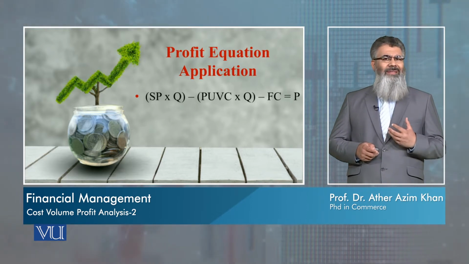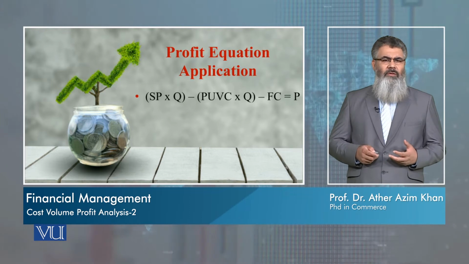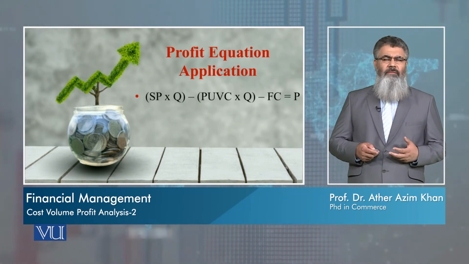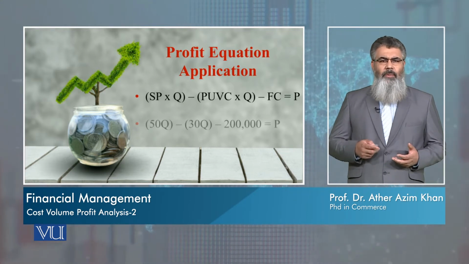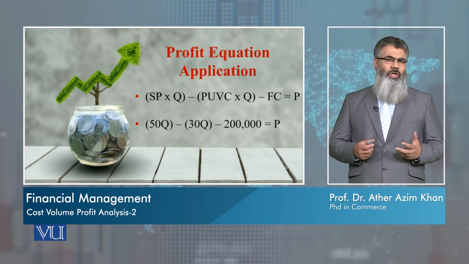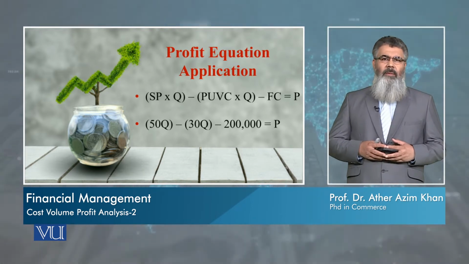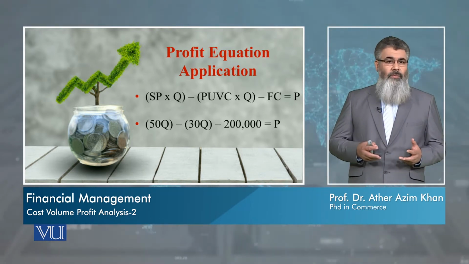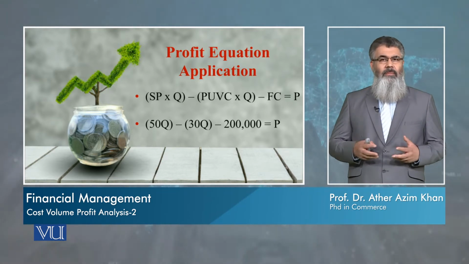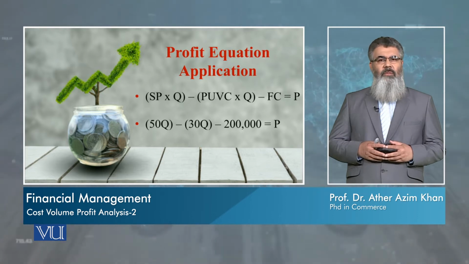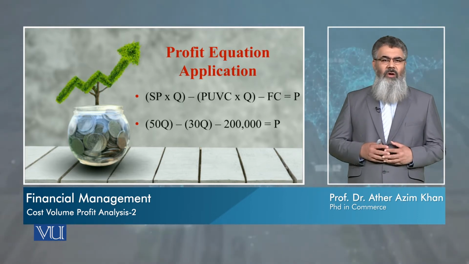Now, if I have a certain amount of selling price known to me and the per unit variable cost known to me and the fixed cost known to me, I put them in this equation, and this equation looks like this. 50 rupees multiplied by the quantity, that is the volume sold, minus 30 multiplied by the quantity again sold, and 200,000, which in this example is the fixed cost.